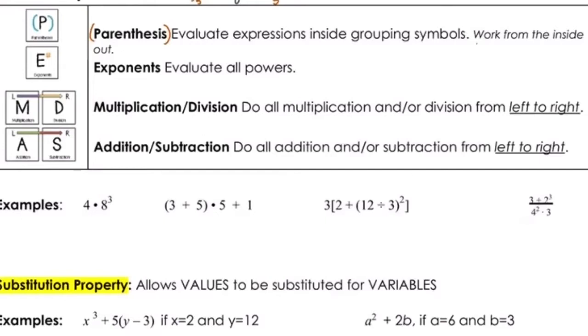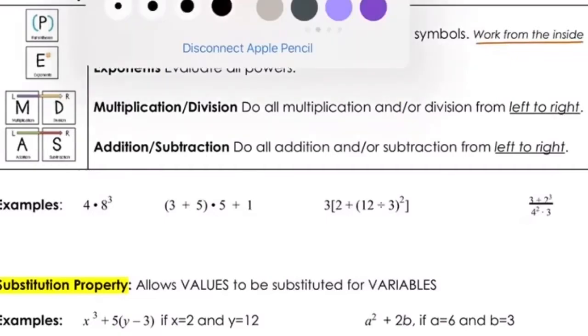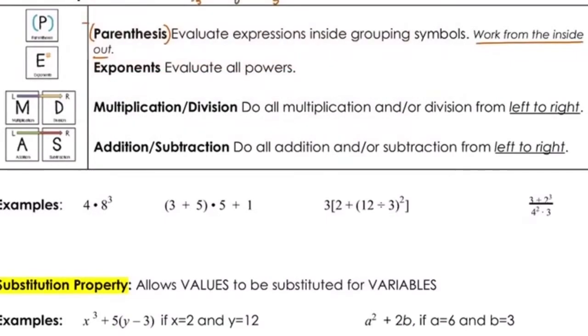And it's important to note that we're going to work from the inside out if there are multiple parentheses, because we could have these parentheses, then sometimes there are brackets, and then sometimes we even see these curly brackets that show there are multiple groupings going on. So we would work from the inside out, do the inside operations first and then work outside.